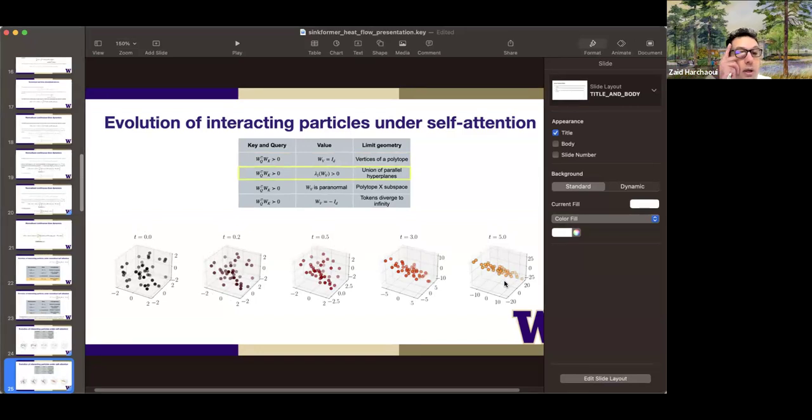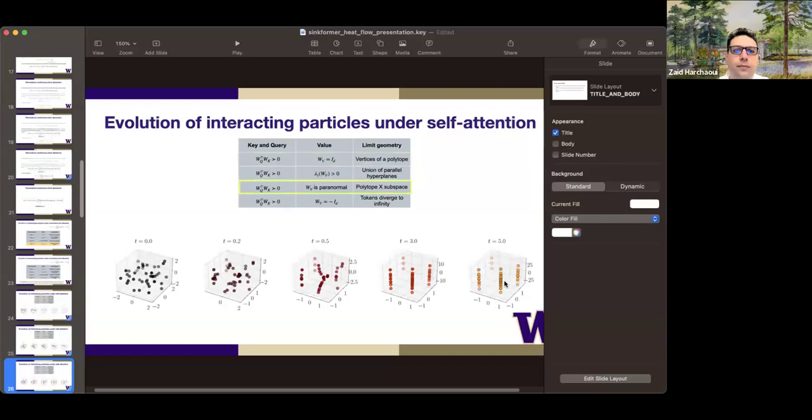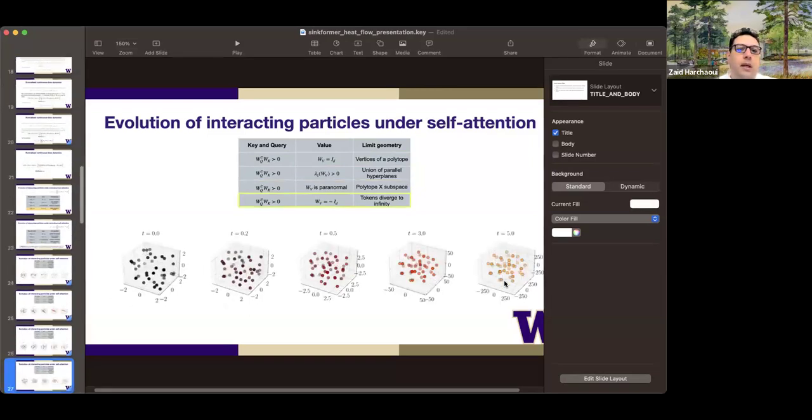So they converge to a low-dimensional manifold. In the third case, the particles will evolve over time, and they will converge to a subspace. And in the last one, the tokens will progressively scatter across space, but without a particular, say, singular geometry of the limiting cloud of particles.